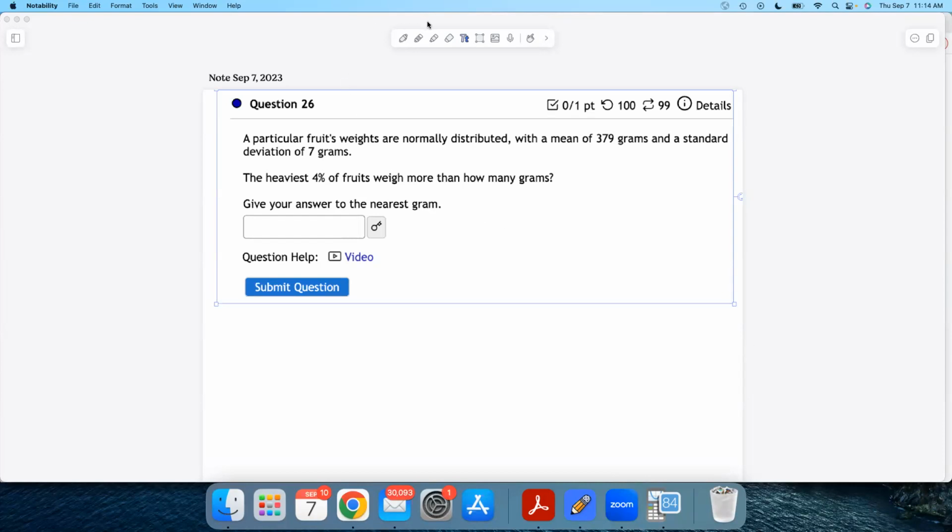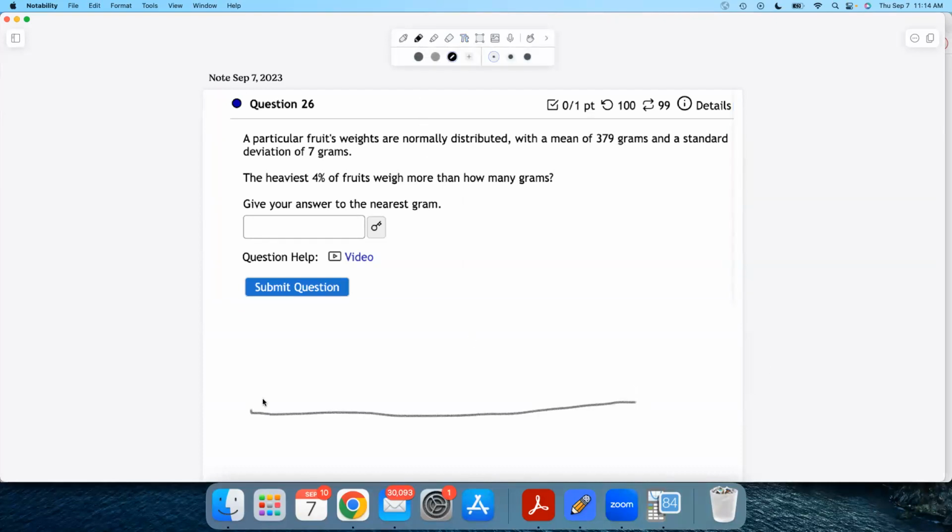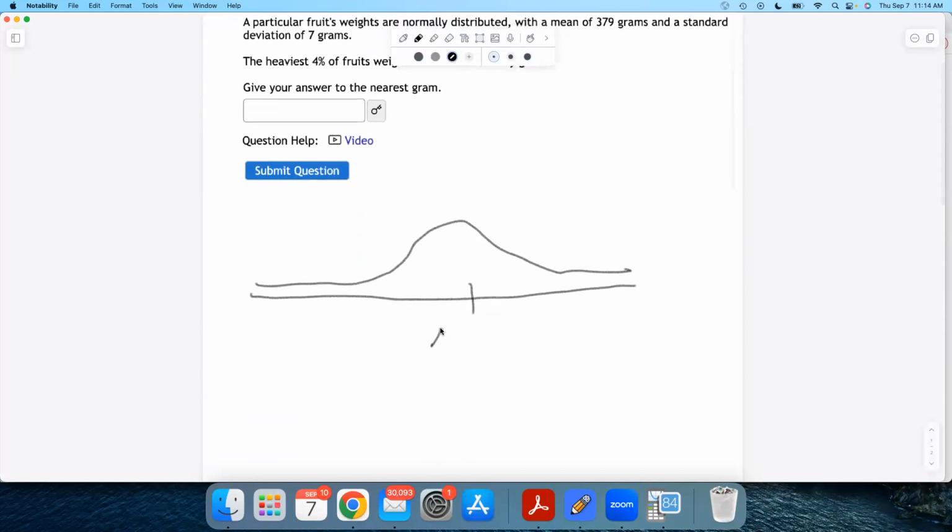So I've got some normal distribution. I've got a bell curve. Right in the middle, I'm told the mean, mu. Mu is 379 grams.